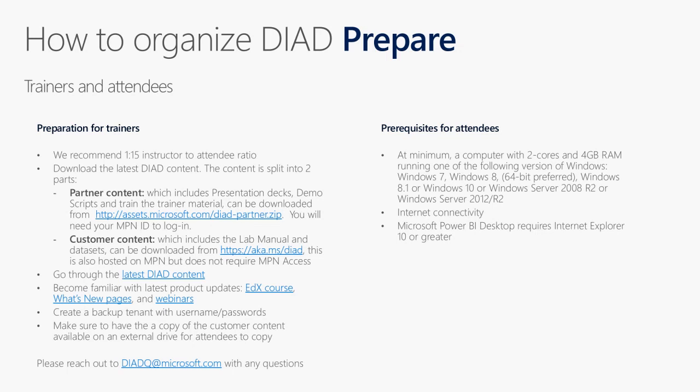For example, as a partner, you get access to a Power BI tenant, and you can create one or two users to use during Dashboard in a Day for those attendees that weren't able to sign up to the service. Or, you can just create a trial tenant for Dashboard in a Day if you have an extra domain that you can use, and then you can offer your attendees usernames and passwords through this tenant.